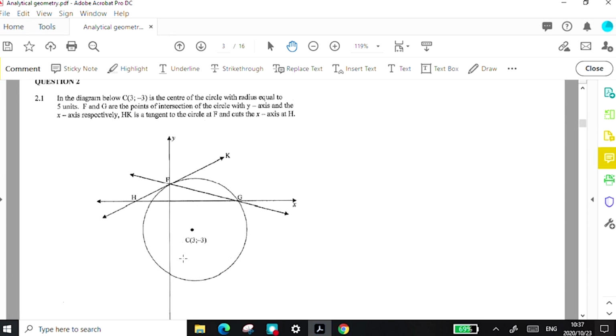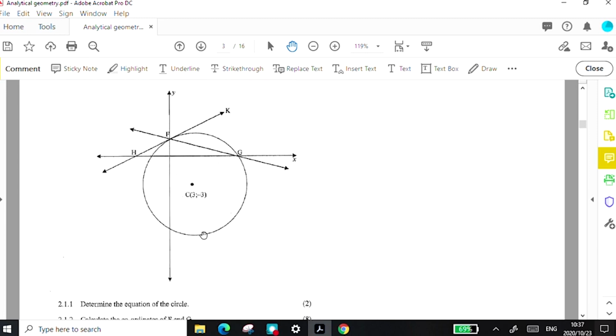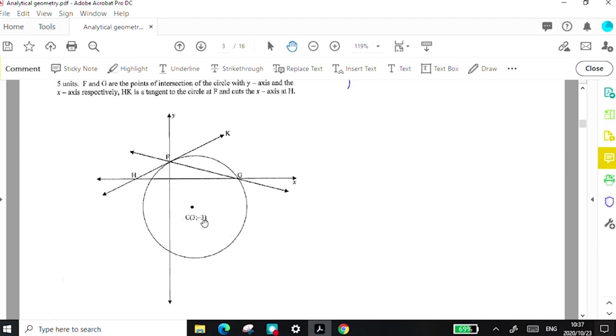So for 2.1, we want to find the equation of the circle. Circles are normally located at the origin, and the equation is given by x squared plus y squared is equal to r squared.